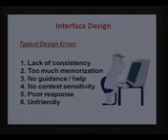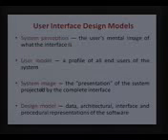These are the very common design errors that we normally come across. These are some of the design models that you must be aware of: the system perception, the user model, the system image, and the design model.